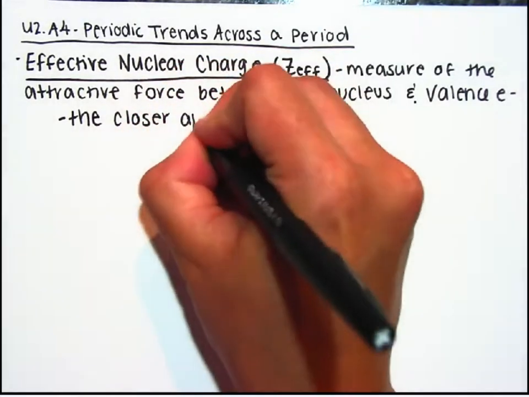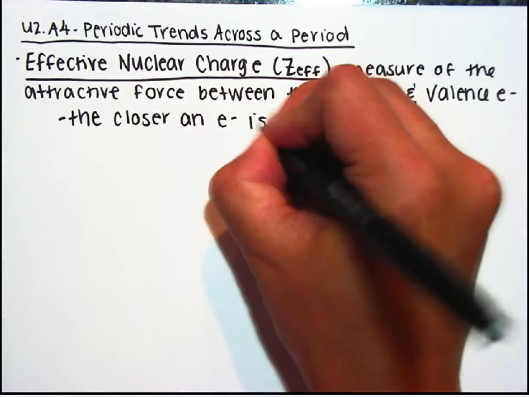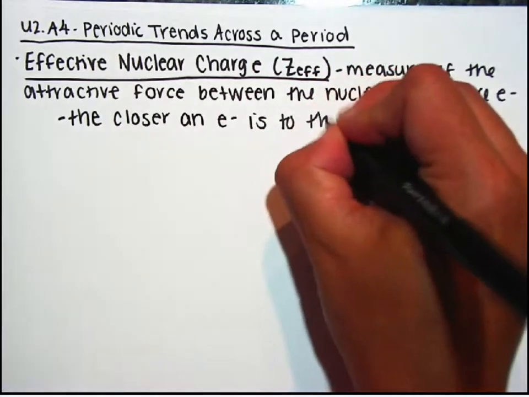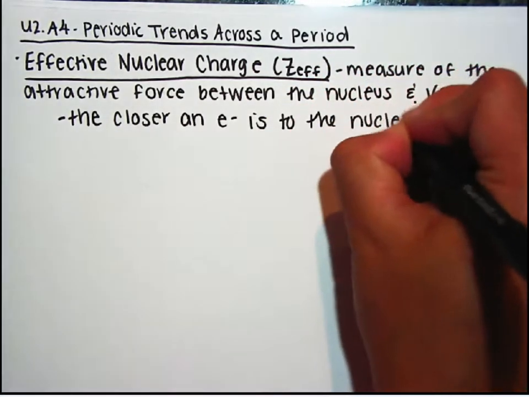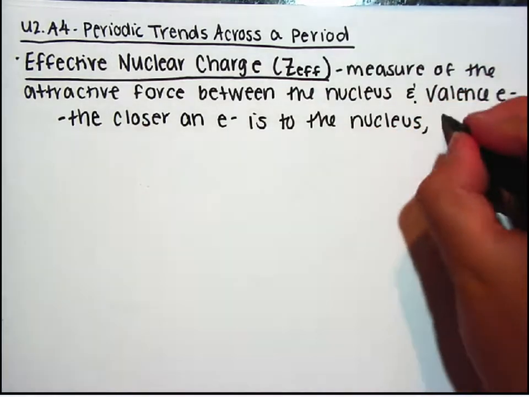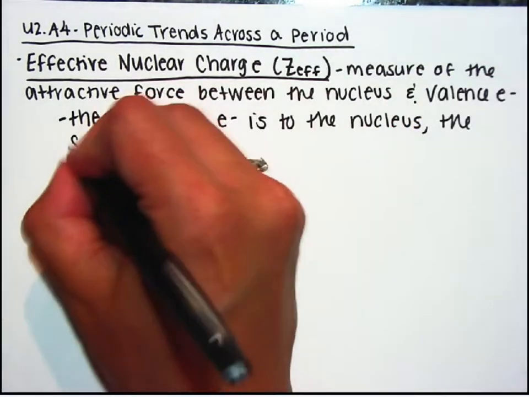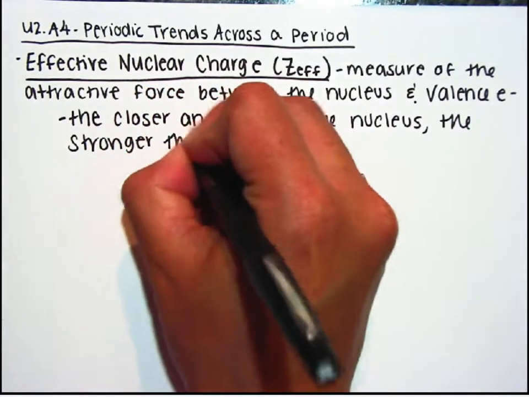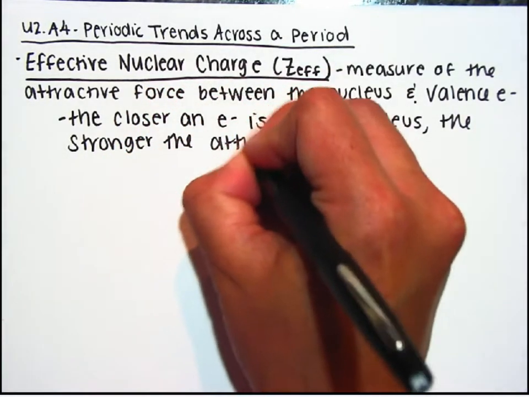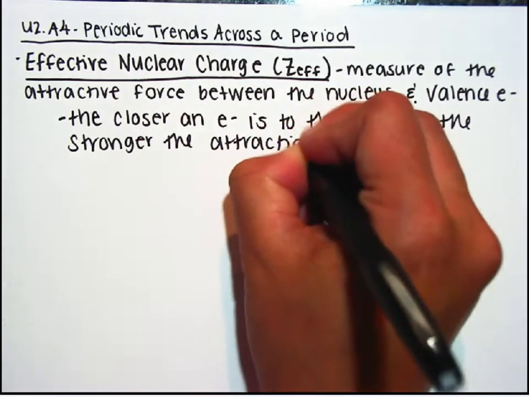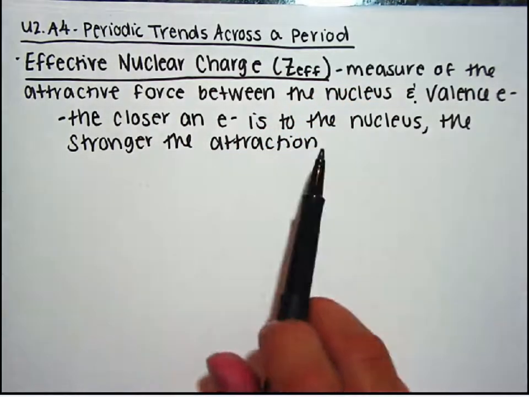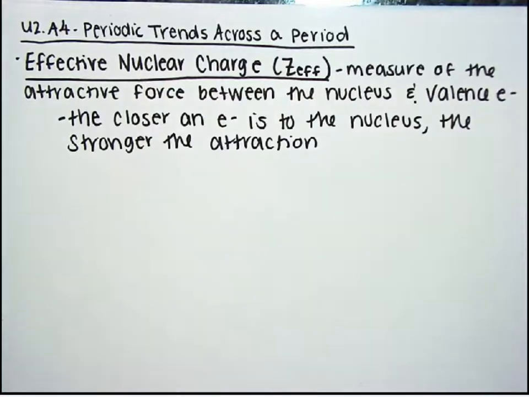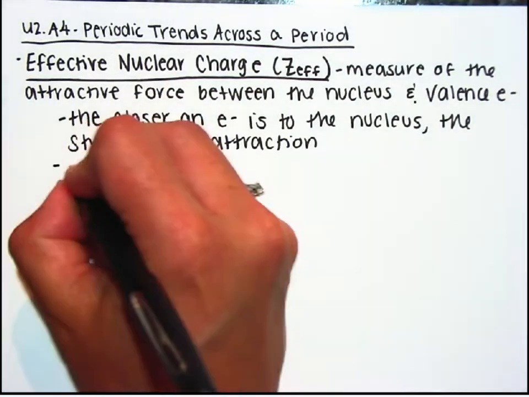The closer an electron is to the nucleus, the stronger the attraction. Which should make sense. The closer those oppositely charged particles are to each other, the stronger that attraction will be.